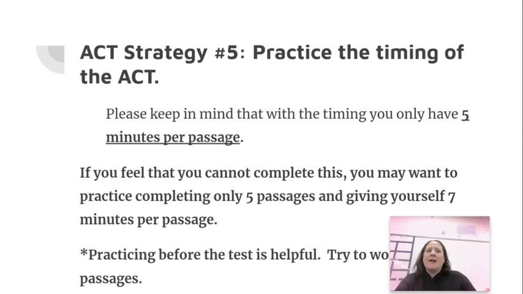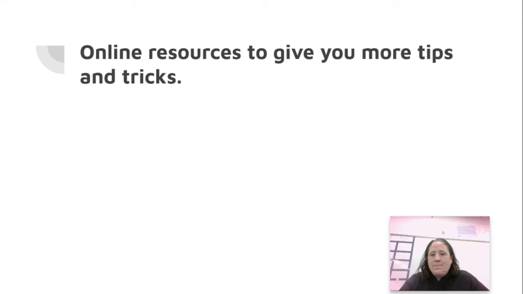If you can succeed at those 5 passages, your score will still be relatively high. And again, practicing is probably the best thing that you can do. Practice looking at graphs, practice looking at charts, practice answering questions that are based on data. And again, you're trying to shoot for that 5 minutes per passage.